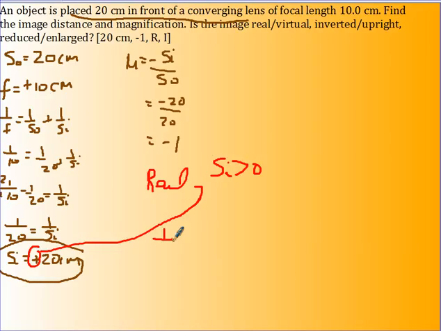It's inverted because the magnification is negative, right there. And the magnification is 1, so it's neither reduced nor enlarged. It's kind of a trick question.